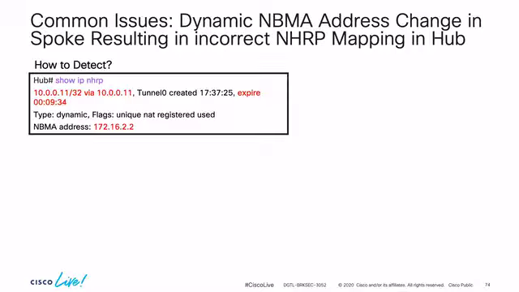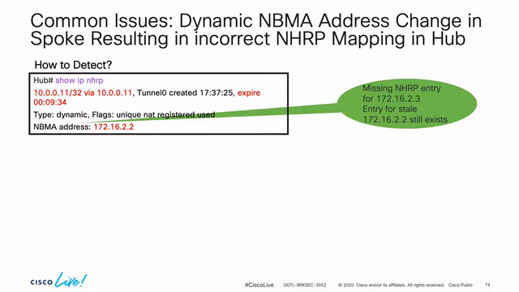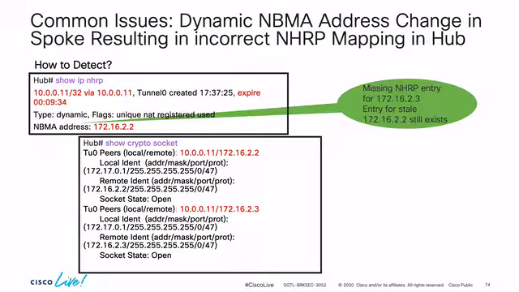Another way of taking a look at it is by looking at the show crypto socket as far as the specific peer is concerned, which has a tunnel IP address of 10.0.0.11. We see two entries, which are both set to open, and the only difference is the NBMA address.